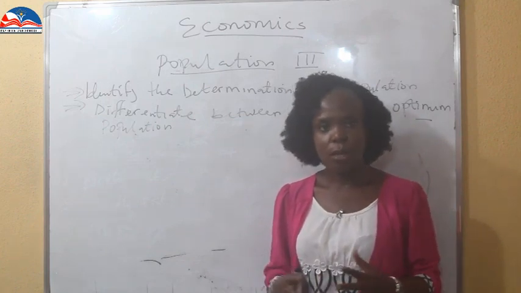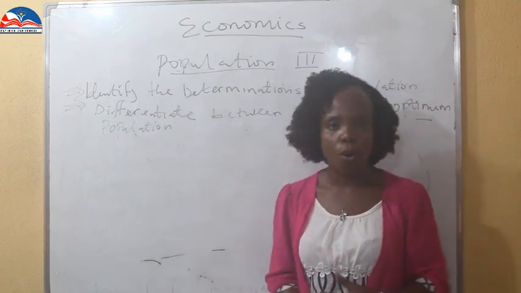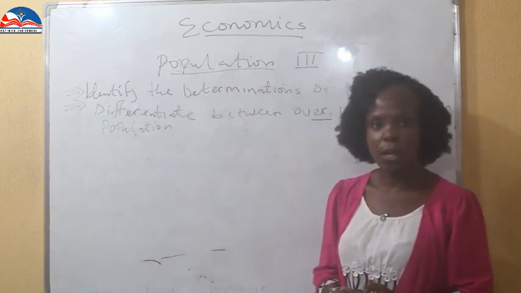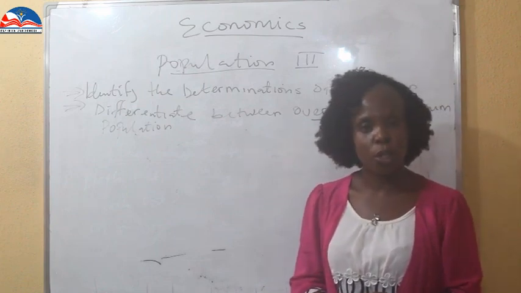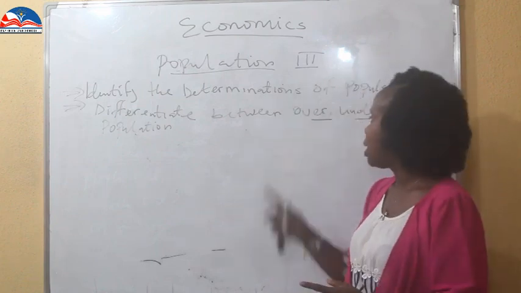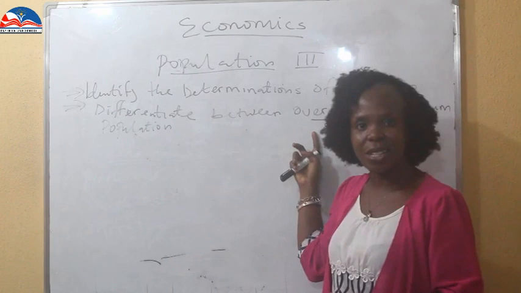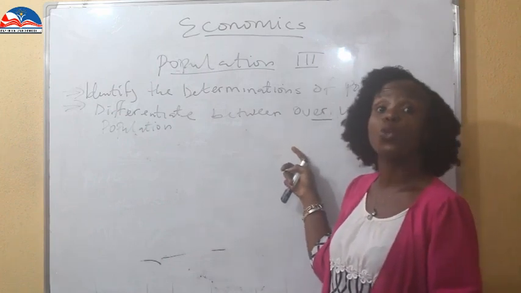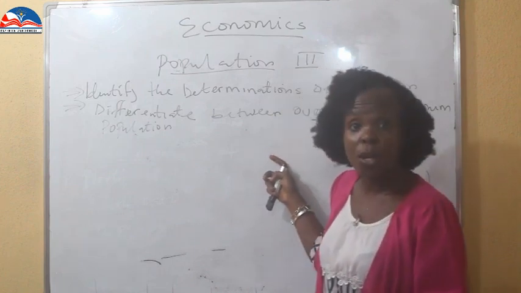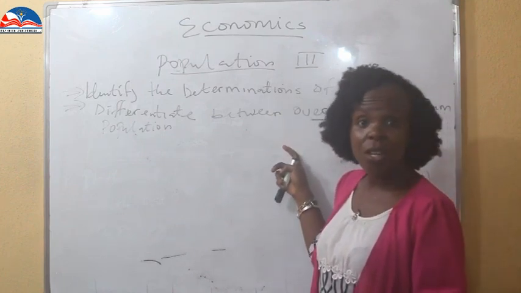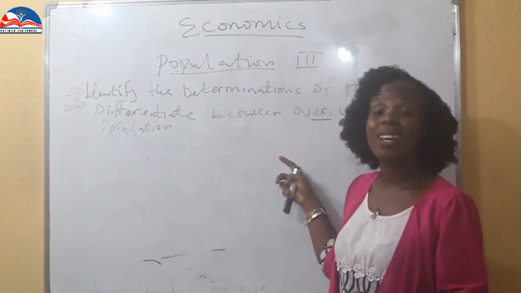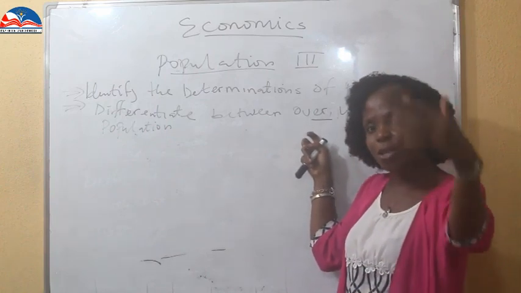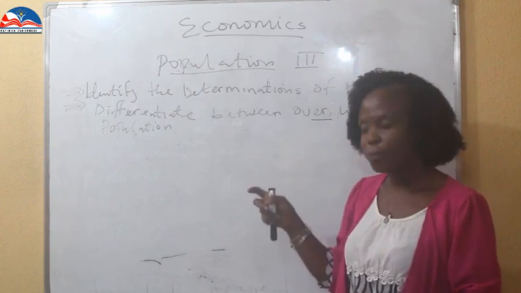Then the population becomes more than what is available can take care of, then the country is said to be overpopulated. Nigeria as a country is overpopulated because the resources we have are not able to cater for the number of people. No job, no good equipment to handle all other sectors. So overpopulation is when the number of people is more than the resources available to take care of them.